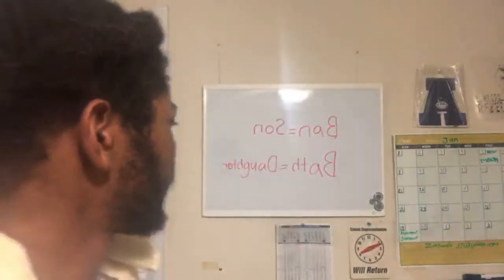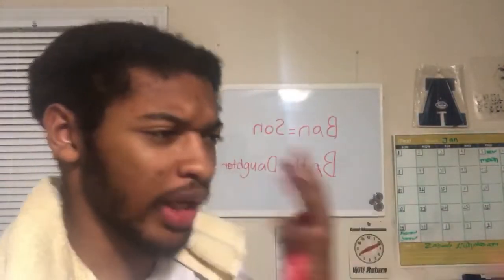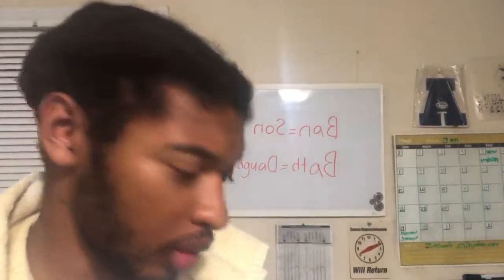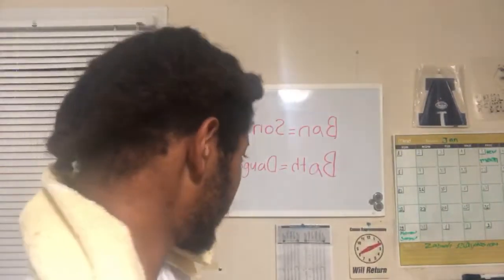So one is son, the other is daughter. It's kind of hard for me to see here. I have to write kind of backwards so it looks right on the screen, so I have to check myself.